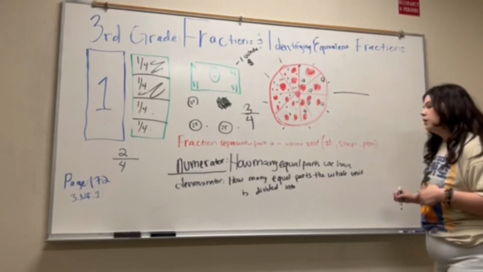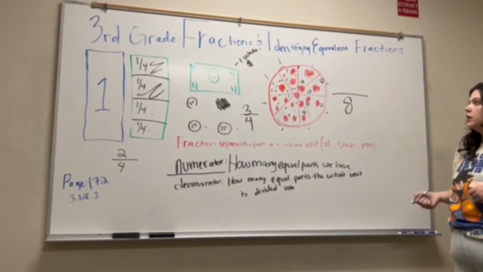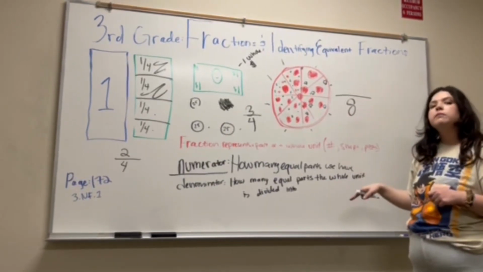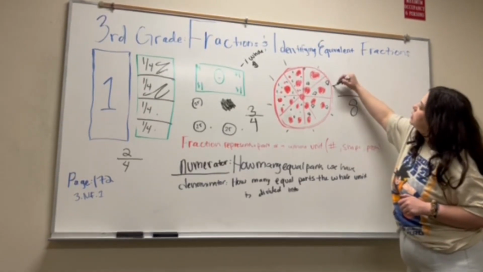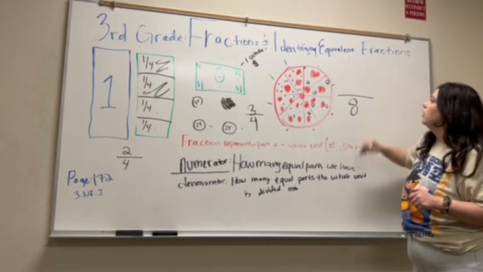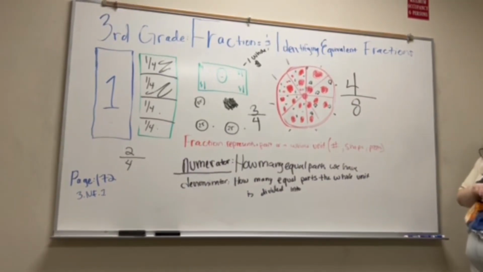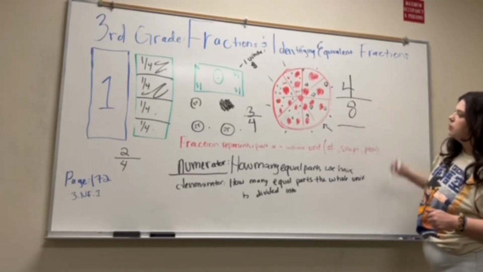So that would make our denominator 8 because it's divided into 8 equal units. How much of this pizza can you eat if you love mushrooms and pepperoni and you hate olives? 1, 2, 3, and 4. 4 equal units of this pizza are for you. So this is going to be the fraction that corresponds to how much pizza you can eat.